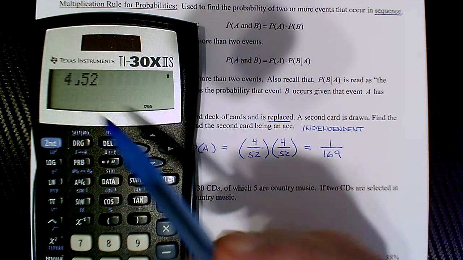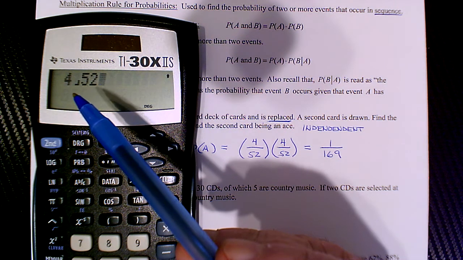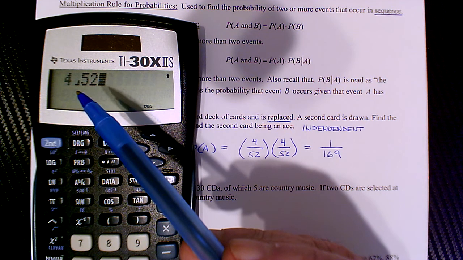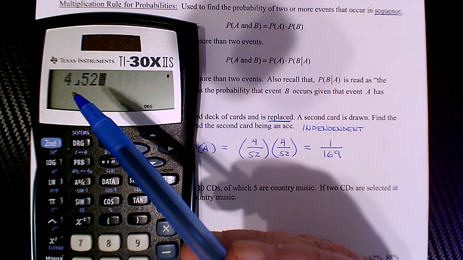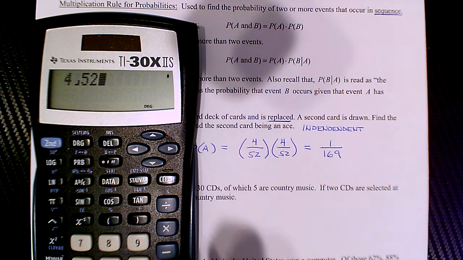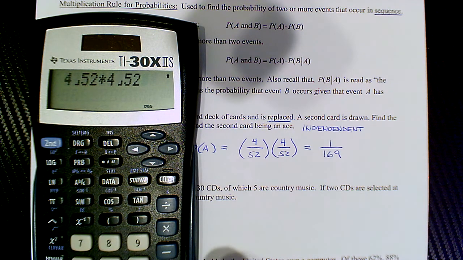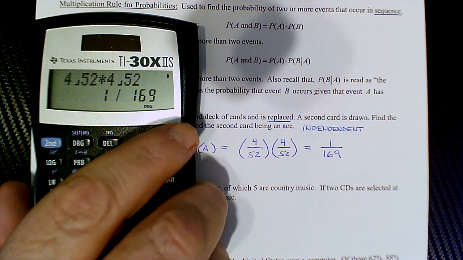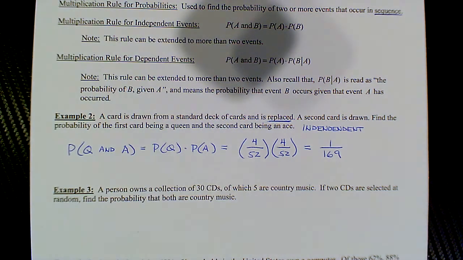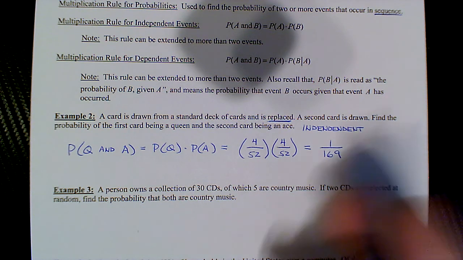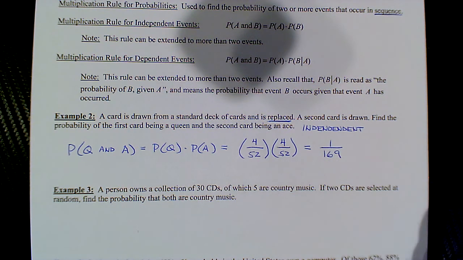Notice how the little upside down L is the way the calculator indicates a fraction. And then I'm multiplying by 4, fraction key, 52, and the calculator does all the work for me. There's 1/169. So it reduces and multiplies. So take advantage of that. And again, on my math lab, they might ask for decimals, so whatever the case, just be careful.